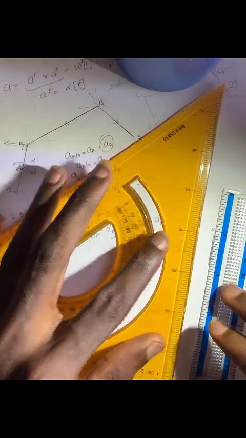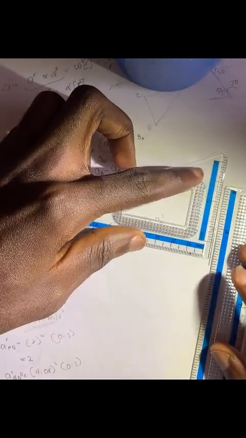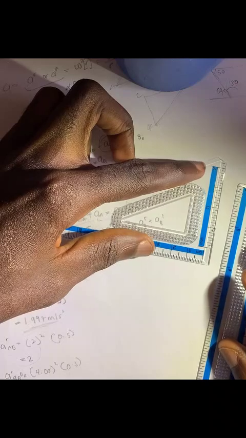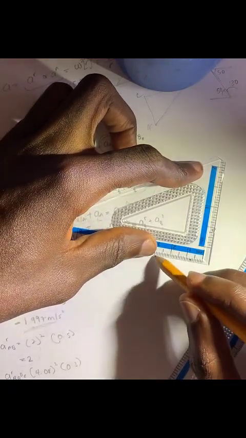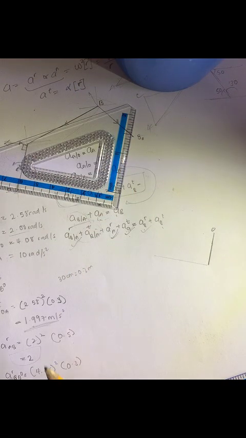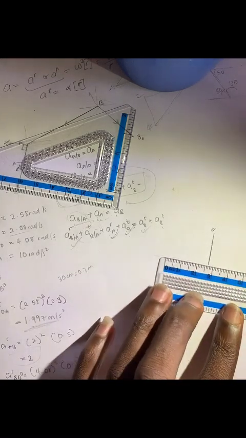Let me use the small line. It's just going to go this way. Measure according to what I have here. The tangential is 3, so I measure a length of 3 on it.